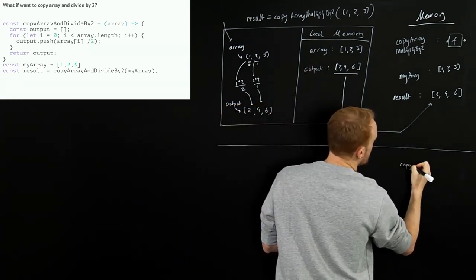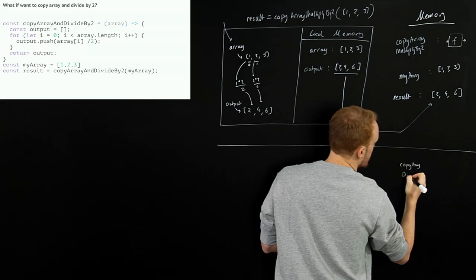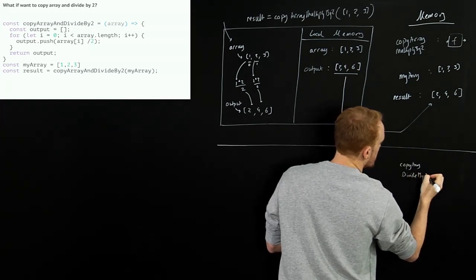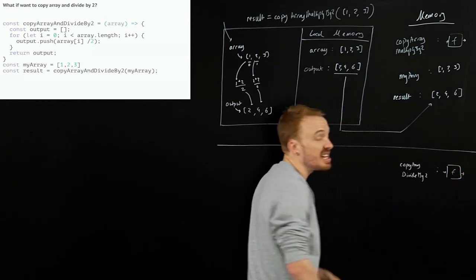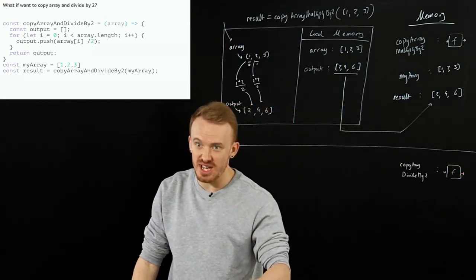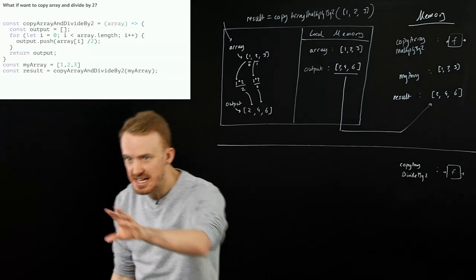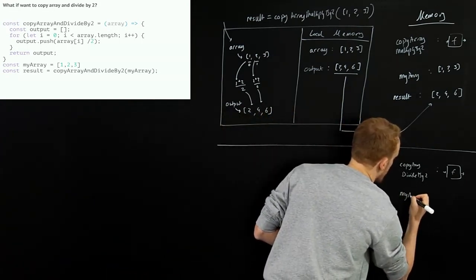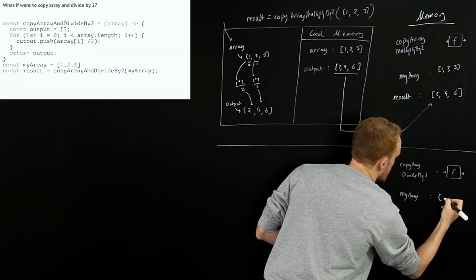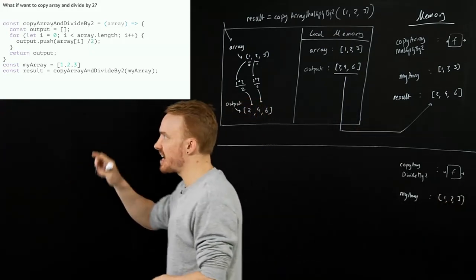Copy array and divide by 2 is a whole new function. We're having to write and save all of its code all over again. And next line, Alex. Storing a label of my array. Yeah, the value of the array of 1, 2, 3. Exactly.